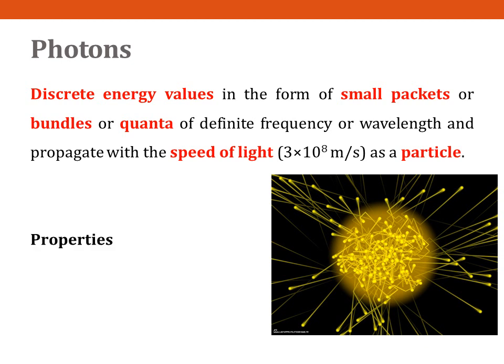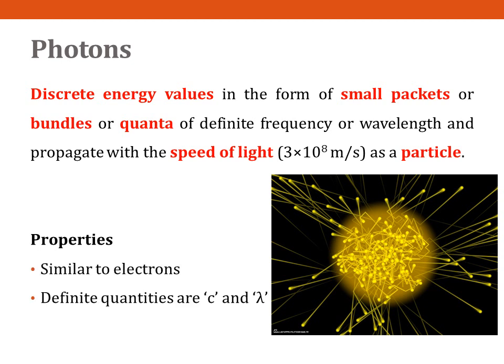These photons therefore are quite similar to electrons, and they have certain definite quantities such as the speed with which they move, which is c, and the wavelength of light, lambda.